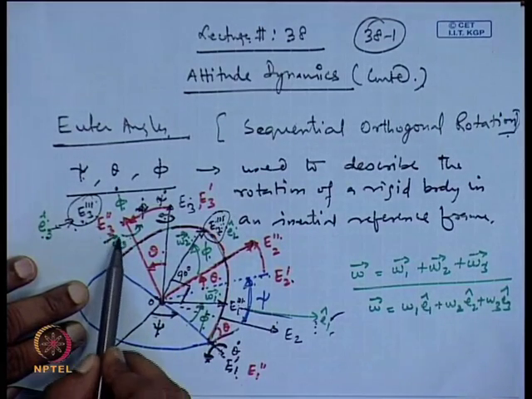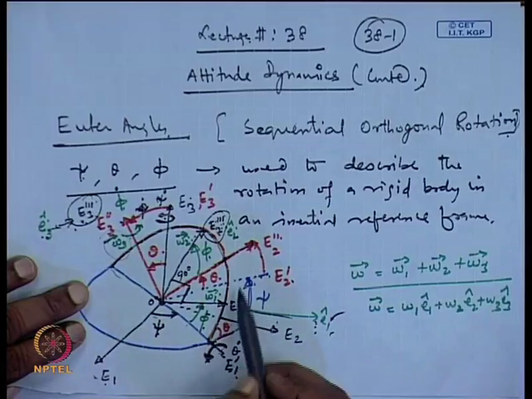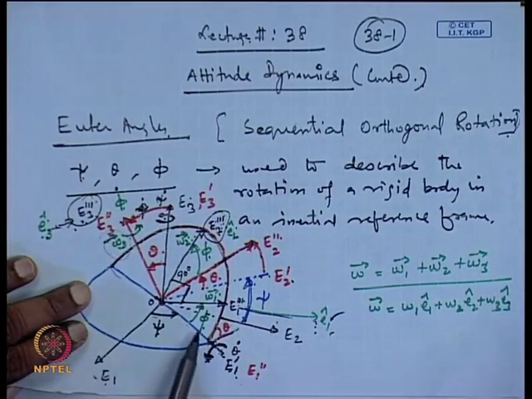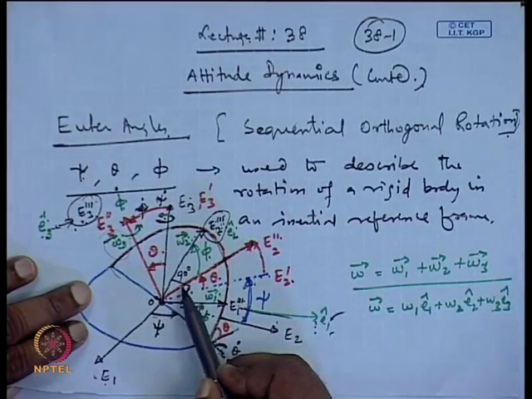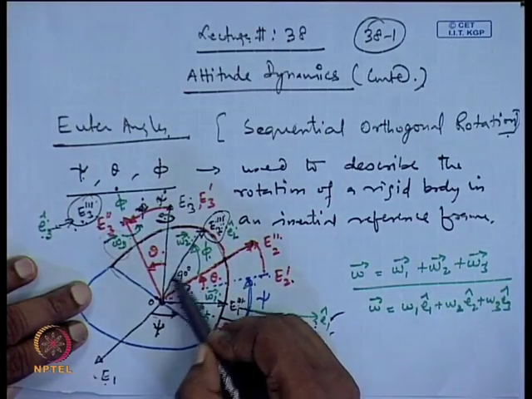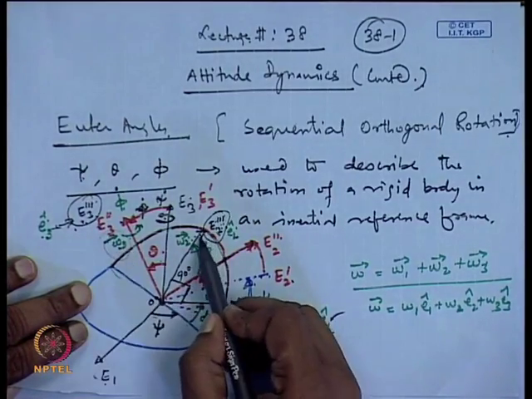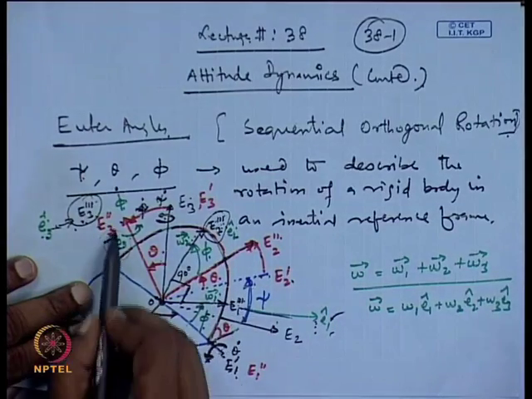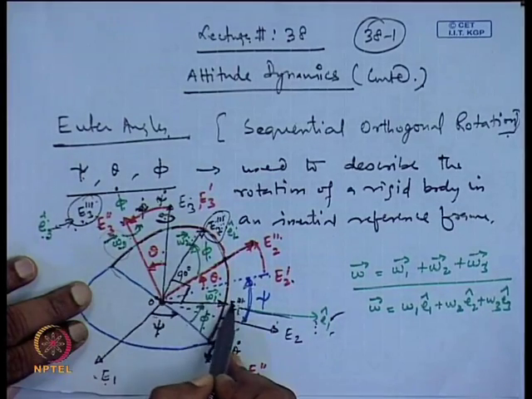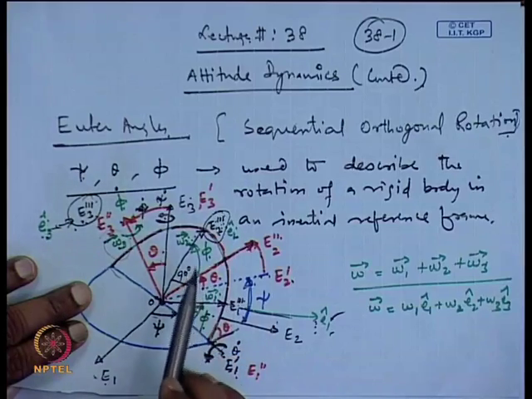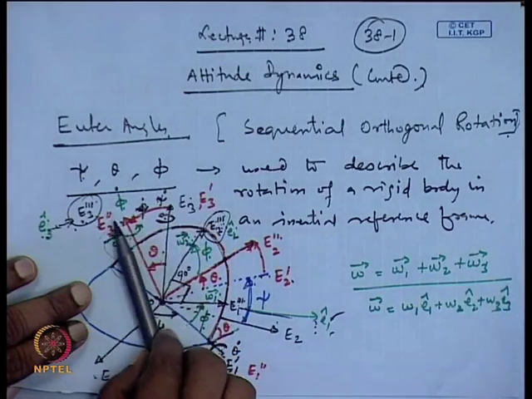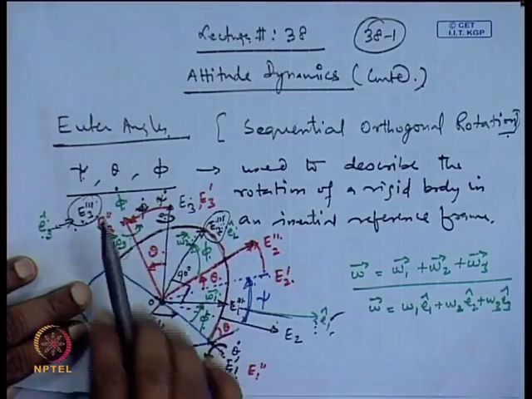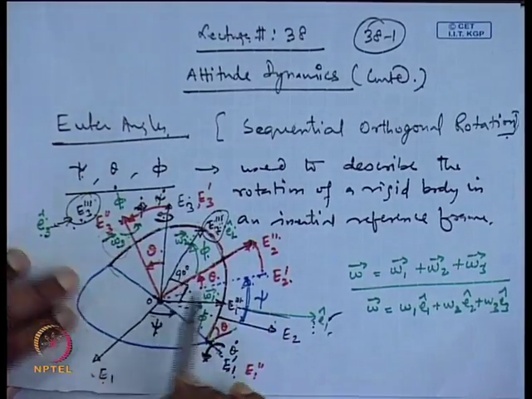So, omega 3 is along this direction, omega 2 is along this direction, and omega 1 is along this direction. So, these are the three perpendicular directions. Okay. So, an angular vector is broken along these three perpendicular directions, which are the final directions. After all the three rotations, these are the final orientation.